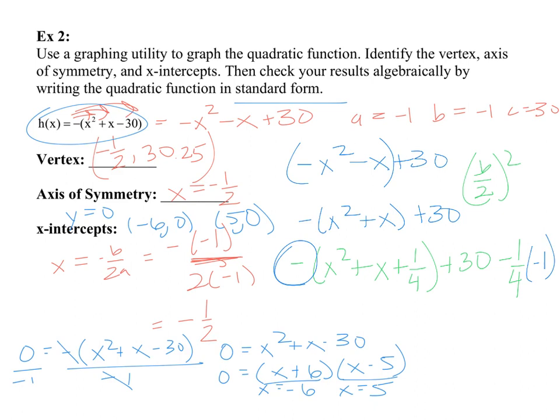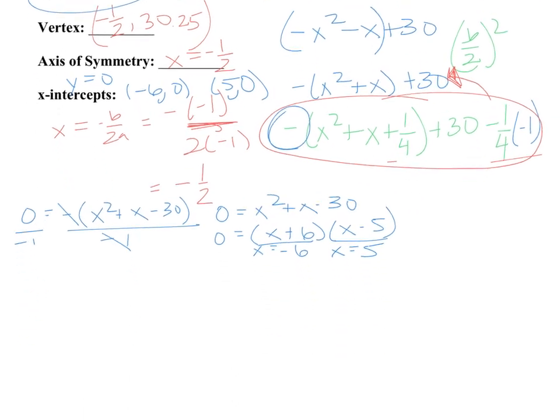If you did not do that, and I simplified all this and added everything up, it would not take me back to what I previously had. It would be a different expression. So in order to maintain the equality, whatever you add inside, you have to subtract on the outside.